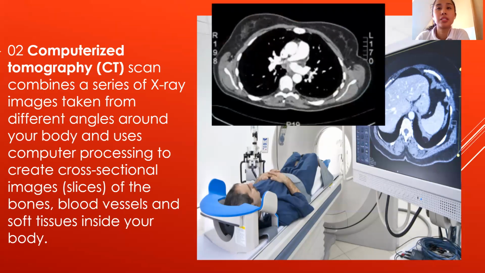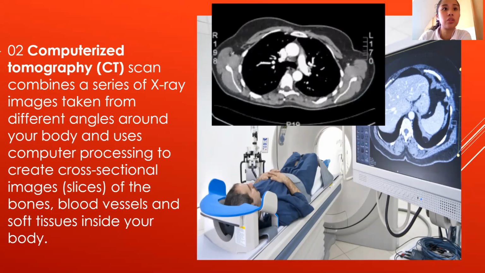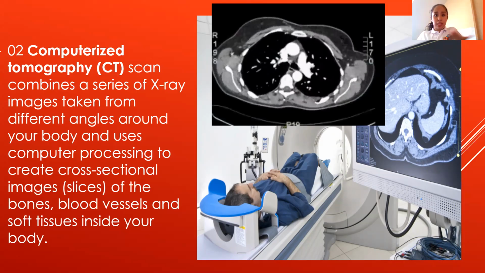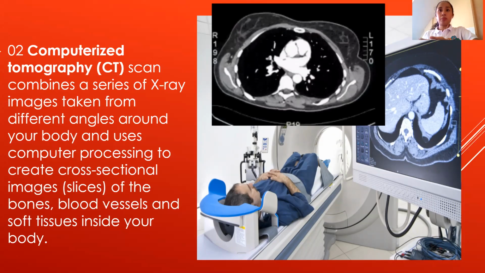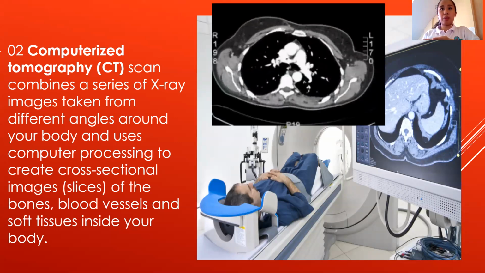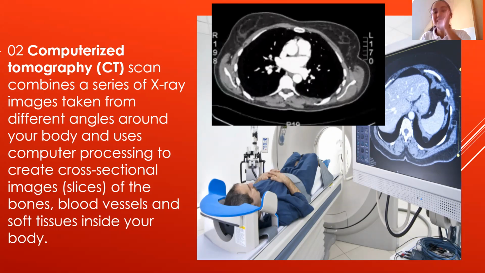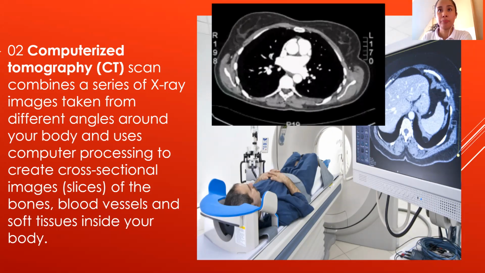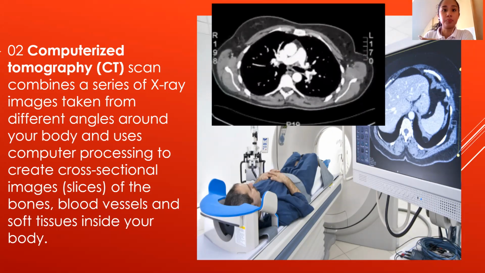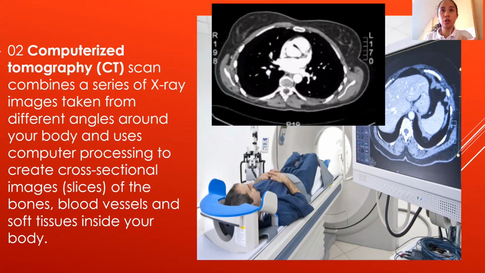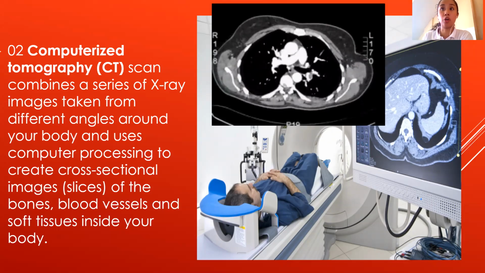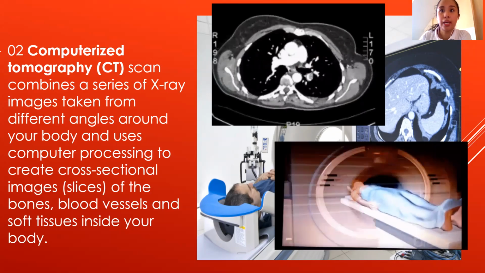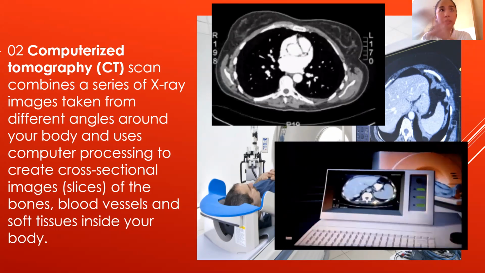I am not an expert on this. They make slices of your body so that they could visualize the different parts of your body, and since we are in the cardiology information system, so that the heart can also be seen. And they bombard you with X-rays.